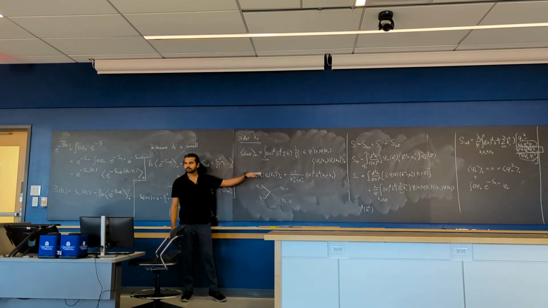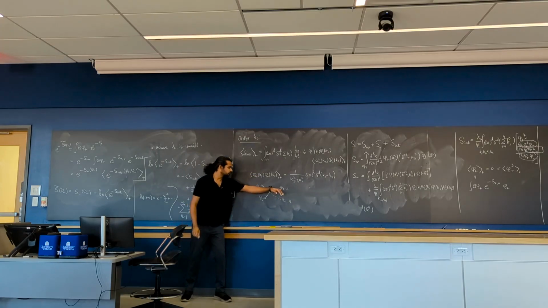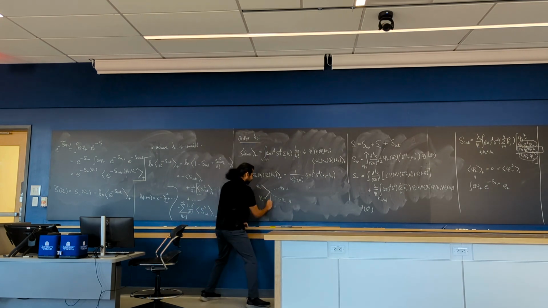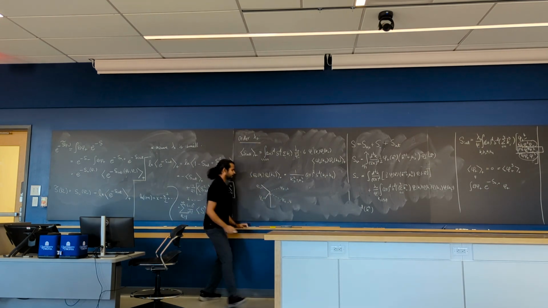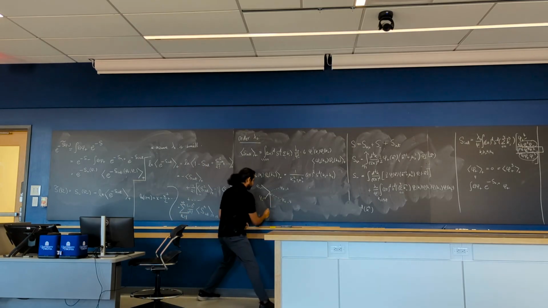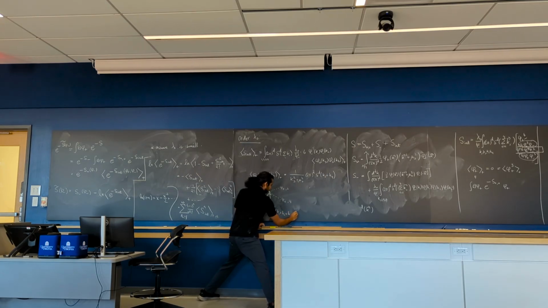This vertex has the property that it conserves momentum. So here we have 2 pi to the d delta d of k1 plus k2 plus k3 plus k4.